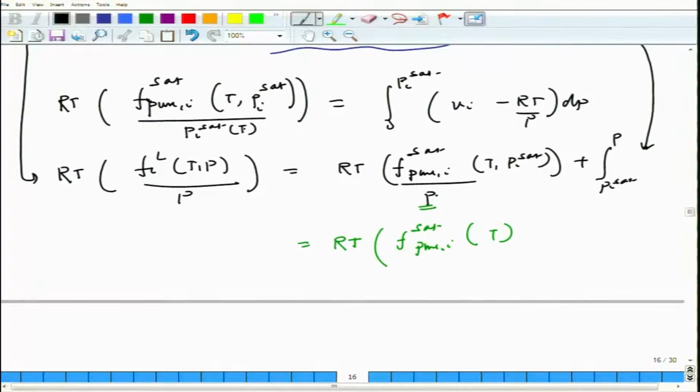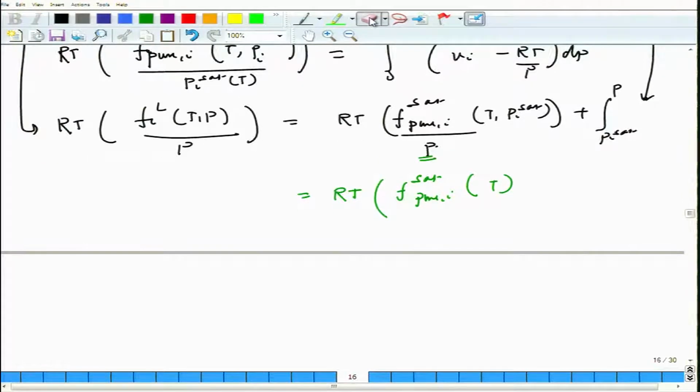So, this should be P_i sat at T. This is going to depend only on T, because once you say saturation, it corresponds to a specific temperature.